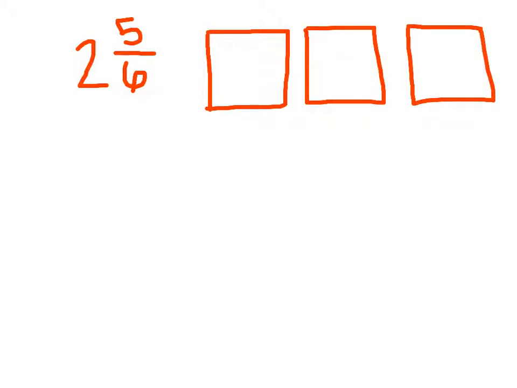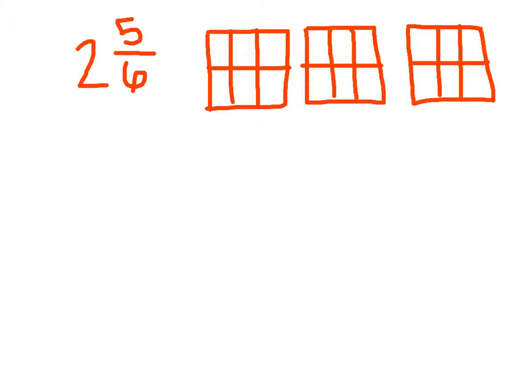So I'm going to cut them into 6 equal parts. So that's 6 somewhat equal parts. And then I'm going to color in my 2 wholes somewhat effectively. It's a little sloppy, but that's fine. 2 wholes, and then I'm going to color in 5 out of 6.